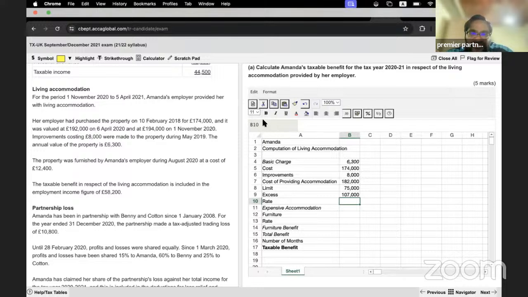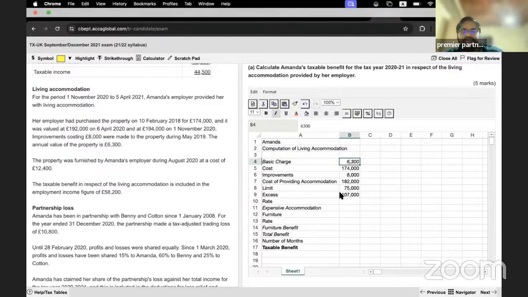Yes, 2.25 we can apply. 188,300, I think you have added this 6,300 also. Am I correct, Sumaya? It becomes 188 only if we add this one. So this 6,300 is not getting added to the expensive accommodation. This cost part we are doing for the expensive accommodation.